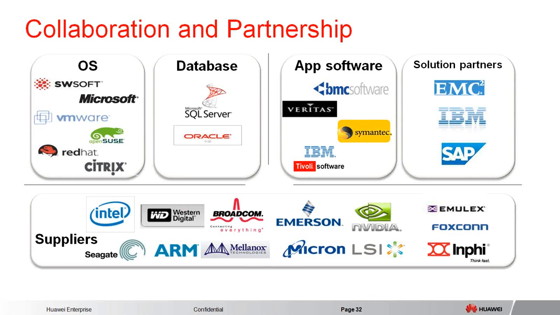These are all our key partners that we work with. We do R&D in China, and here we have an R&D facility in Santa Clara, California, where we do lots of work with our colleagues on ARM, on the databases, on the OS, on the solution partners, and with Intel, Broadcom, NVIDIA. When I talk about our E9000, NVIDIA is one of our key partners when it comes to GPU implementations.